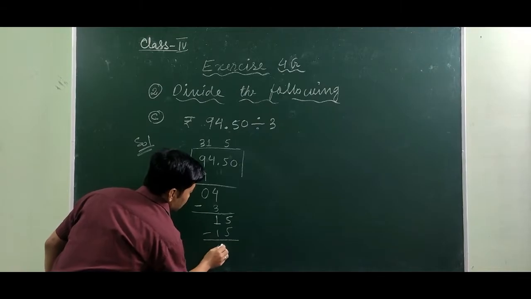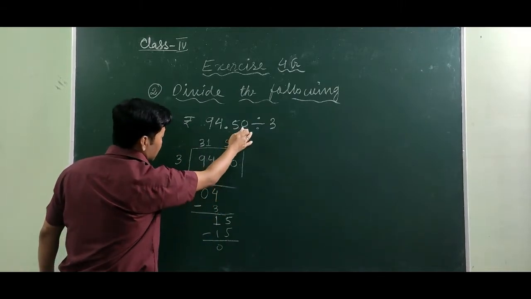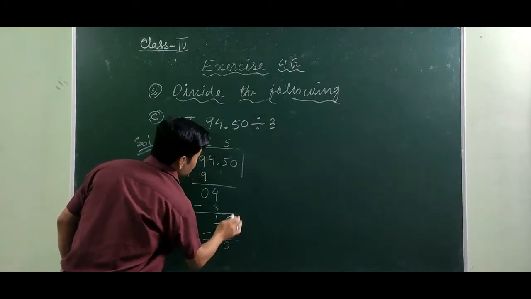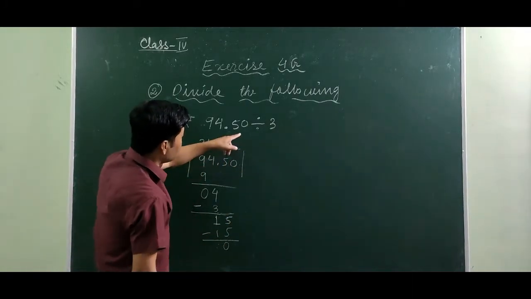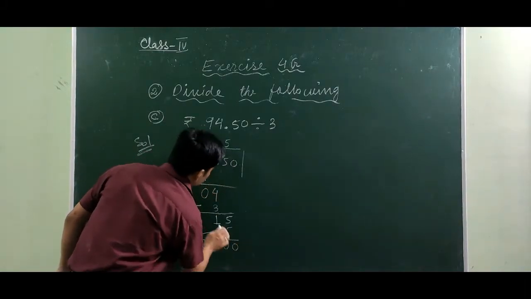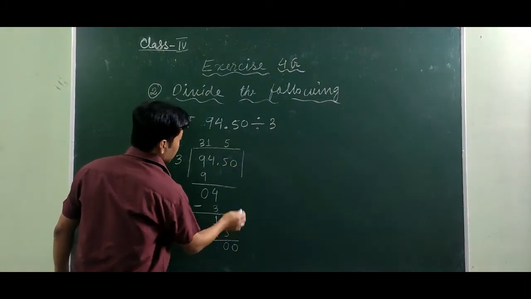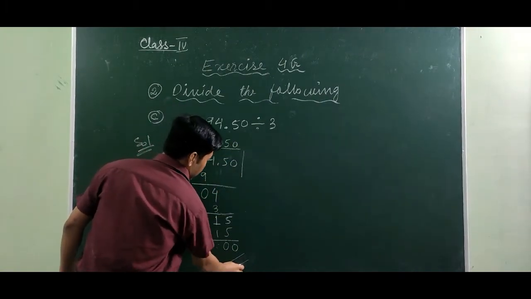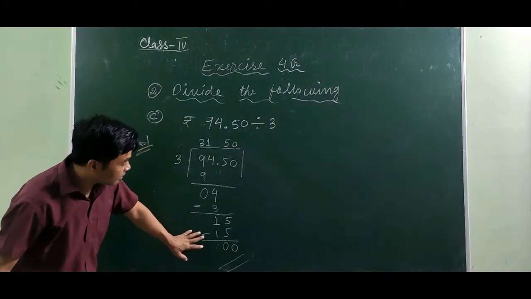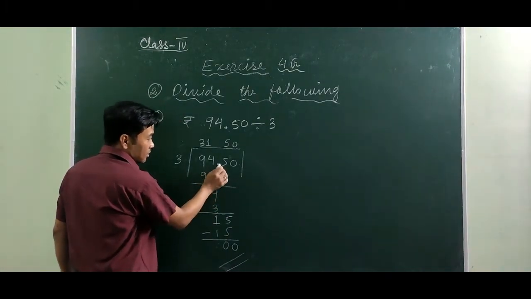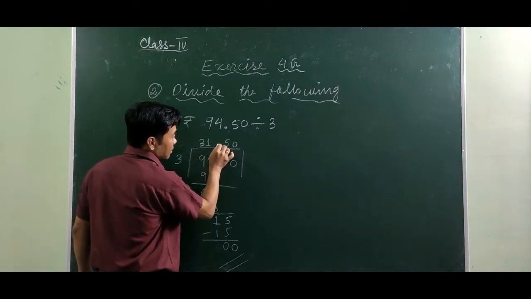Subtract it, 0. Then let's bring this 0. So there is nothing to divide here. So 3 times 0 is 0. So you put this 0 here. So we finish the division here. No remainder. And put this decimal here.